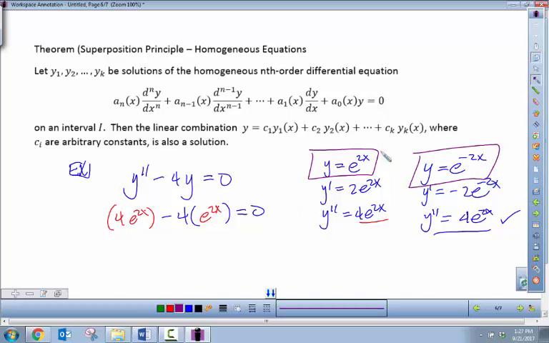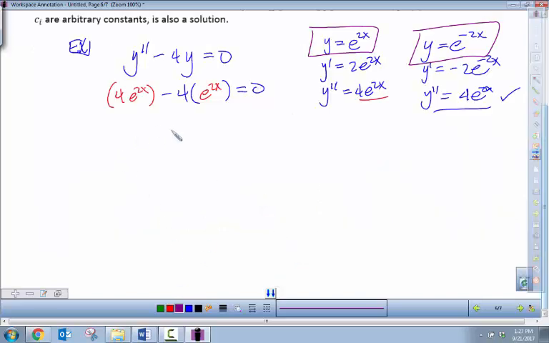So I have two solutions that work for this differential equation, and so it'll turn out that if we combine these two things, if we add them, and also multiply them by some constant, then this is also a solution to your differential equation.